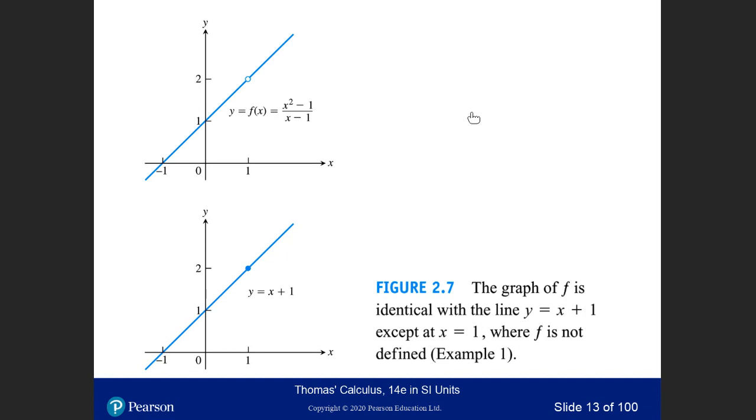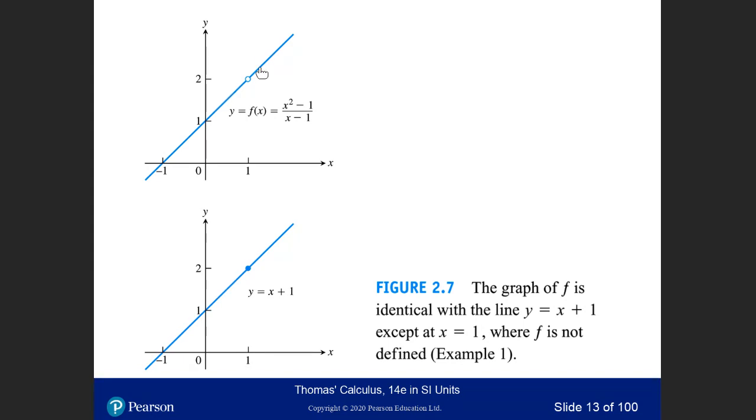But when x is not equal to 1, I can factorize x squared minus 1 as x minus 1 times x plus 1, cancel, and I get y is equal to x plus 1. That's a line. And in this line, as you approach x equal to 1, the function approaches 2. So the limit for this function is 2.